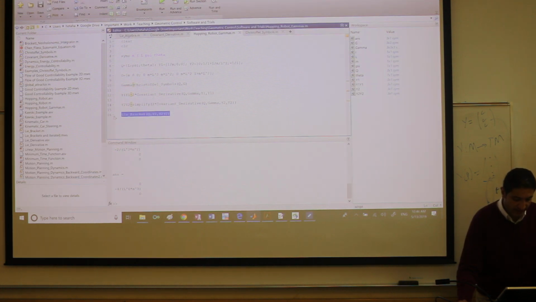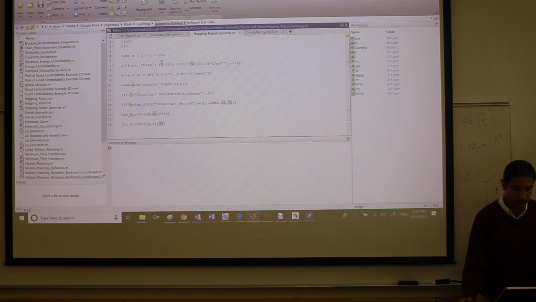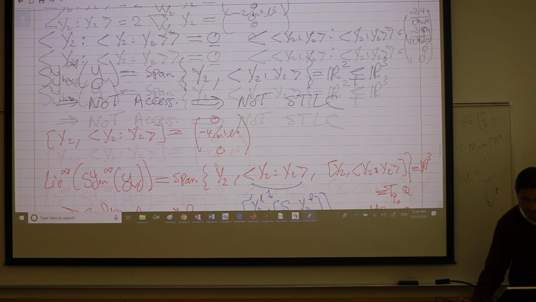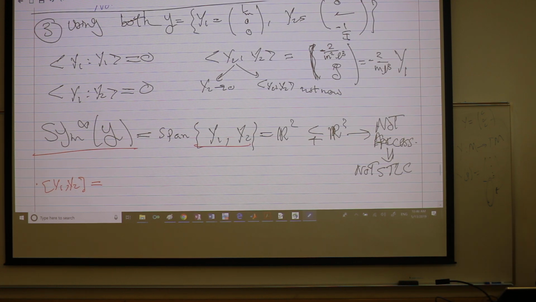So let's do the Lie bracket of y1 and y2. So we get again negative 2 m squared L3. So this is 0, negative 2, m squared, L3, 0.